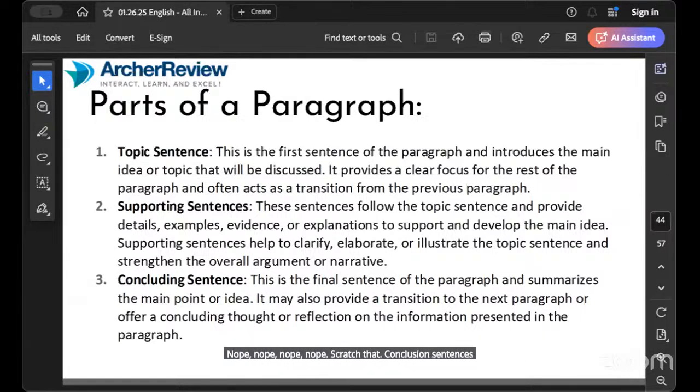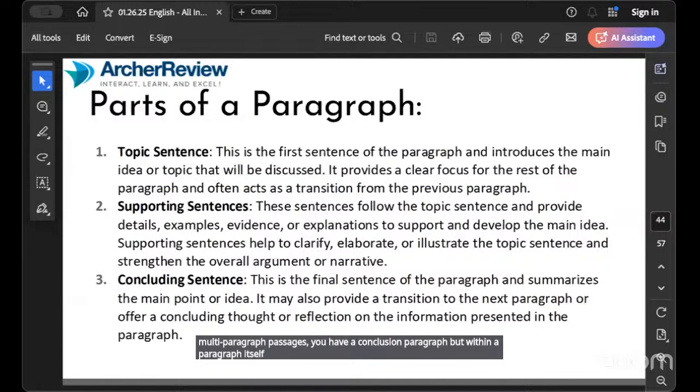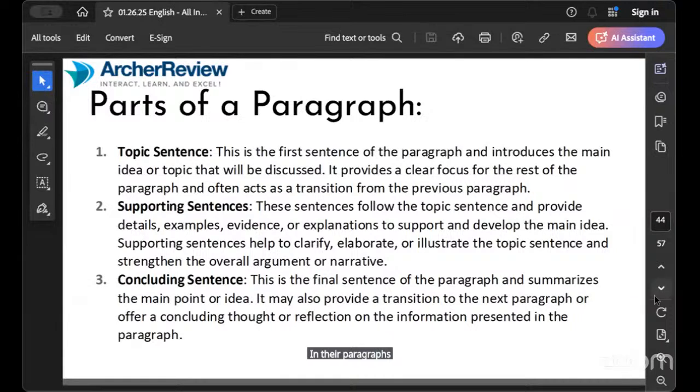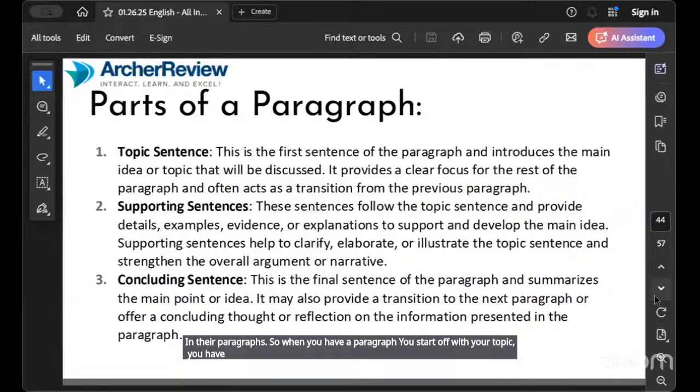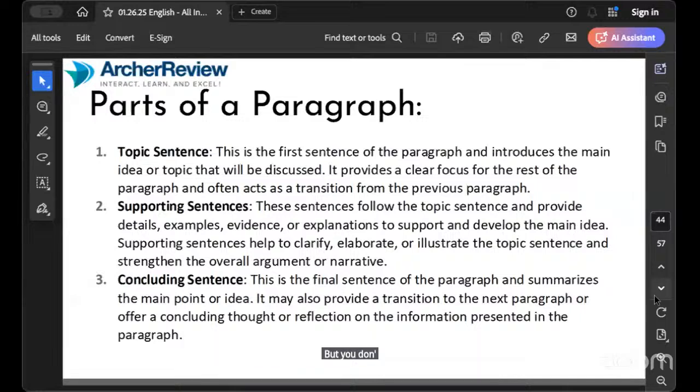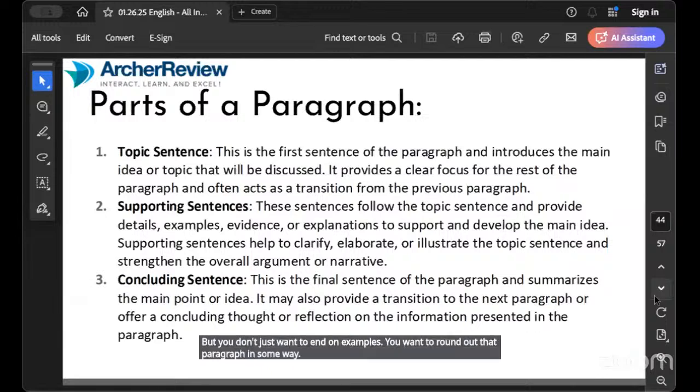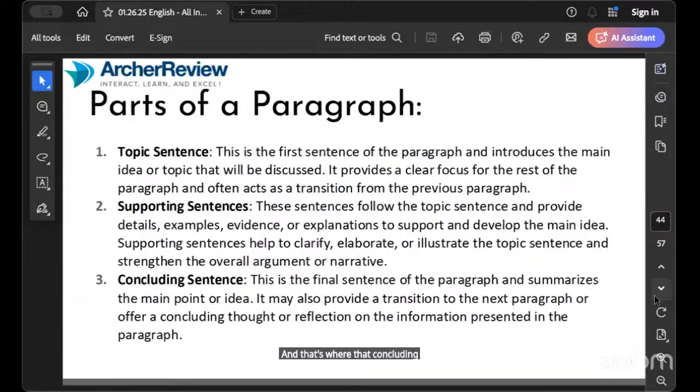Yes, in multi-paragraph passages, you have a conclusion paragraph, but within a paragraph itself, you also have a conclusion sentence. A lot of my students, when we're writing for freshman comp, don't even realize this and often forget to include it in their paragraphs. So when you have a paragraph, you start off with your topic, you have your supporting details, but you don't just want to end on examples. You want to round out that paragraph in some way. And that's where that concluding sentence comes into play.